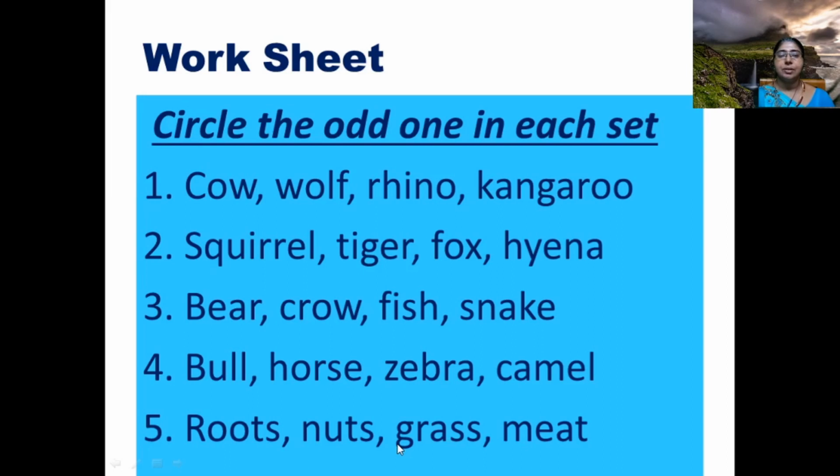So children, you should read the textbook and write and study question answer and new words in the prayer notebook and rough notebook. Prepare for the class test and see the video of herbivores and carnivores and understand what kind of food they eat. Thank you, children.